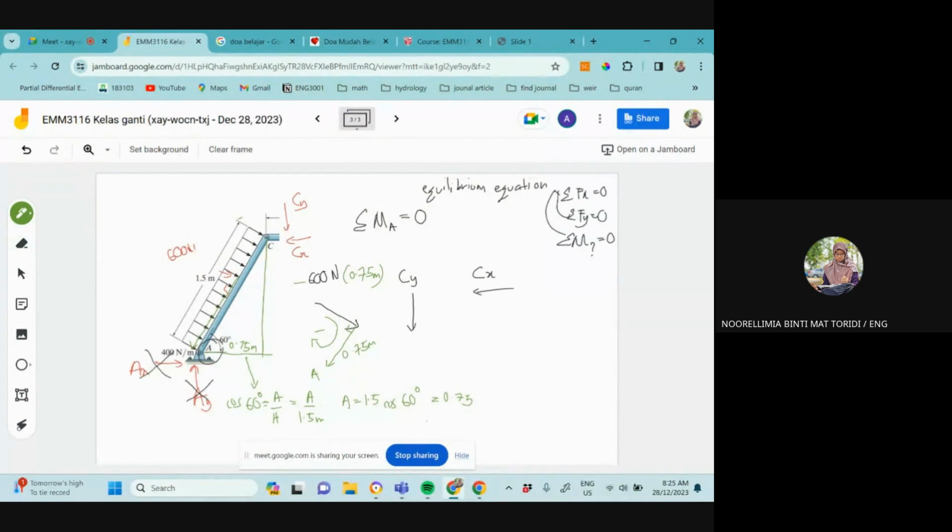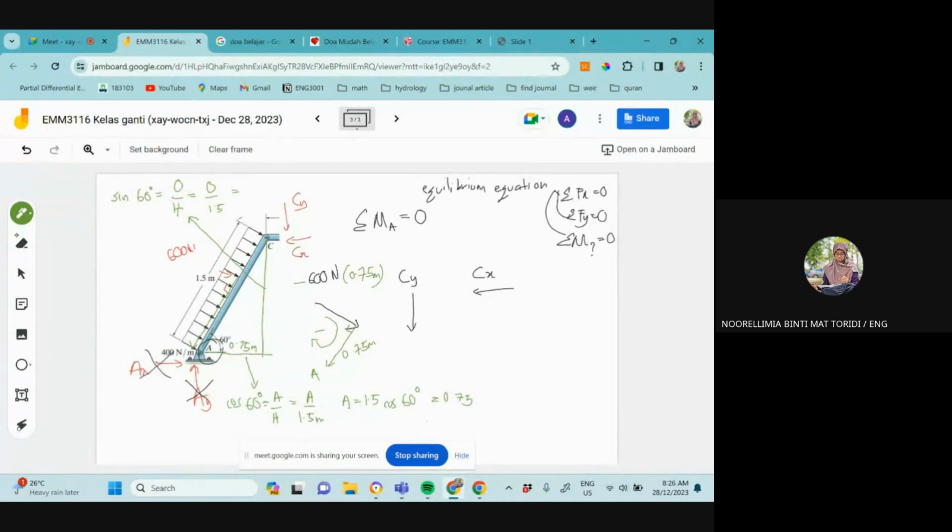Okay, so this one you can use either cosine and then you can also use sine. Okay, so let's say we use sine. Sine 60 is equal to opposite over hypotenuse. So the opposite you don't know. Hypotenuse is 1.5.